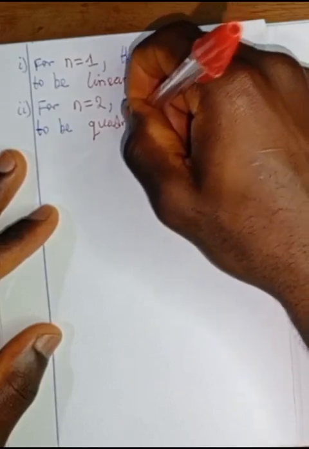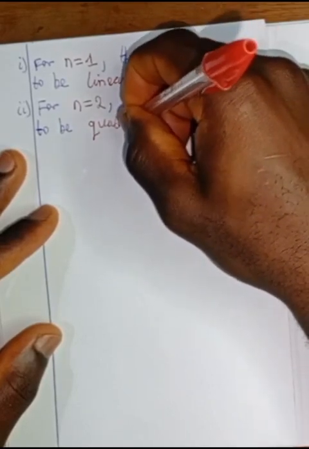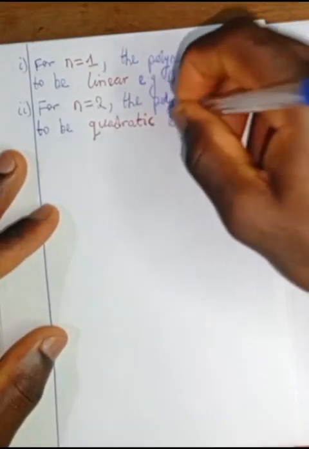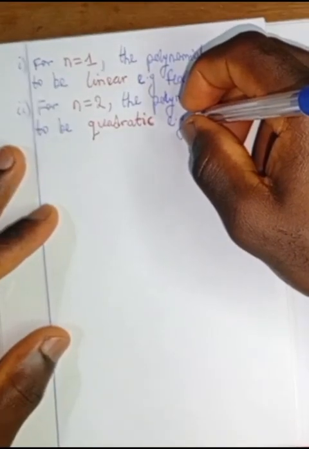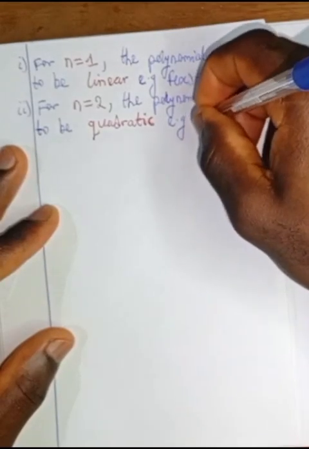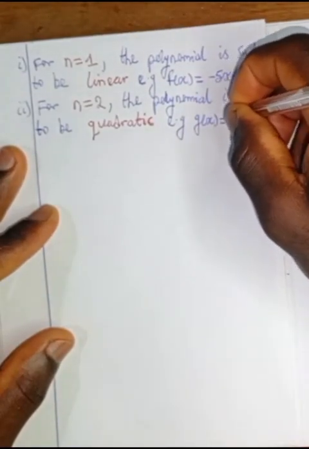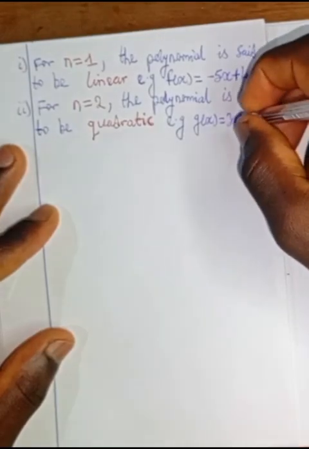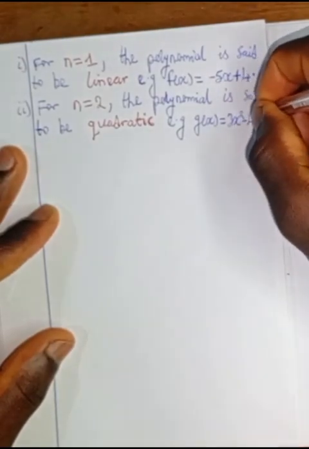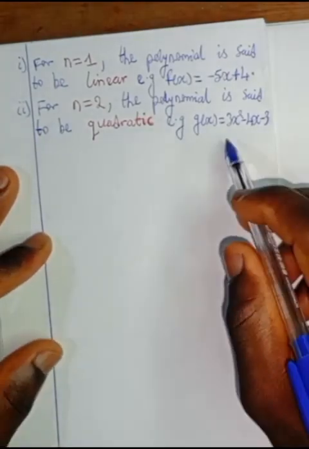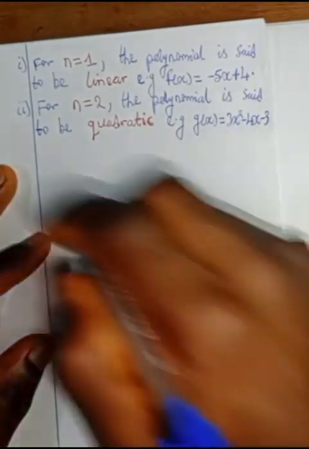We just treated quadratic equations before moving to polynomials. E.g., an example of a quadratic polynomial, we have g of x is equal to 3x squared minus 4x minus 3. This is an example of a quadratic polynomial. You can see the highest power of the variable x is 2.